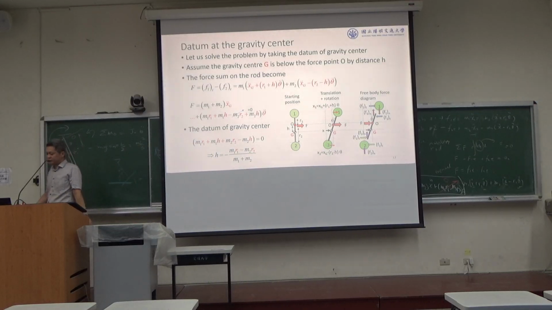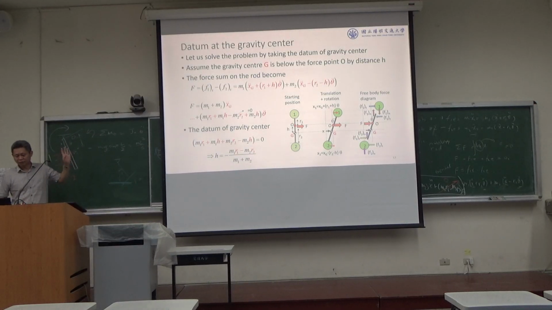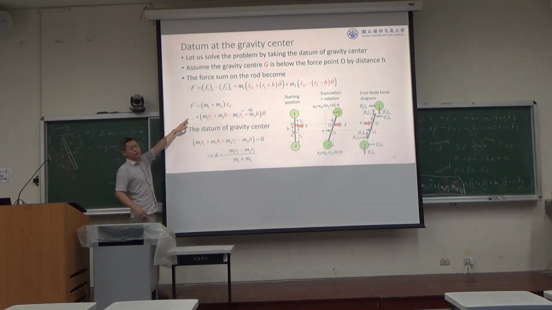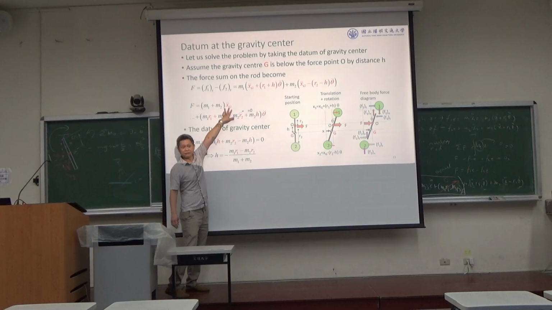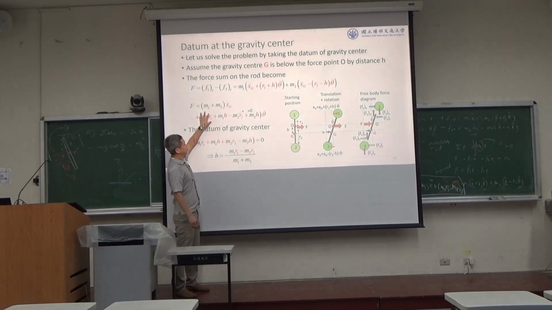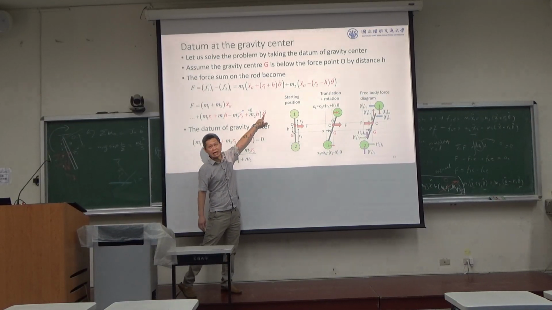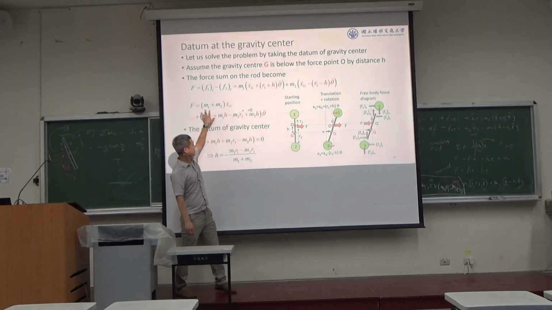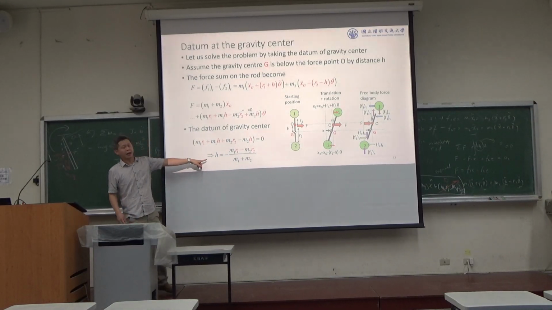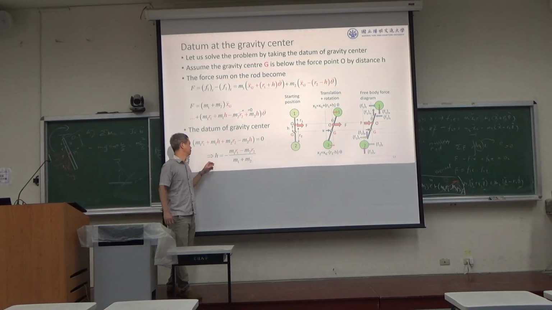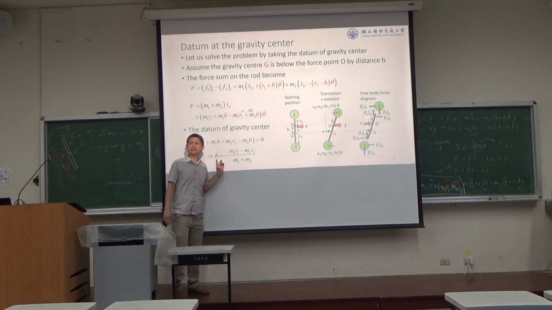Okay? With this, if you do the same substitution, you are still going to get mass sum times gravity center acceleration plus something times angular acceleration. This something can be reduced to the height between the force point and the gravity center.